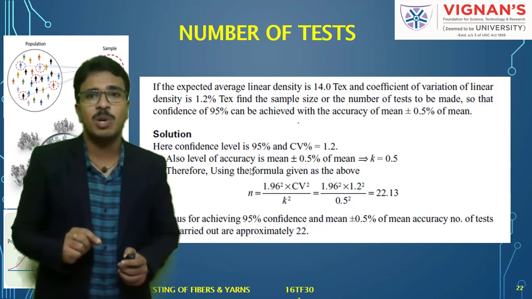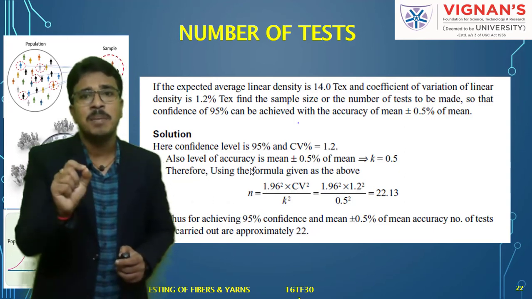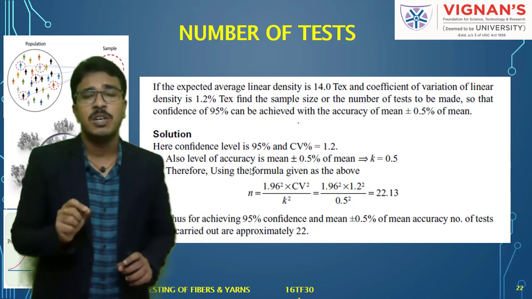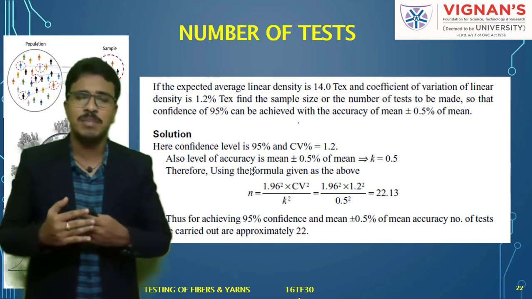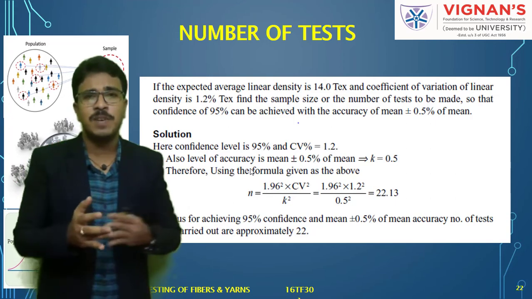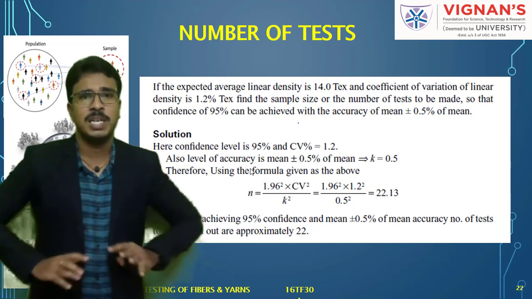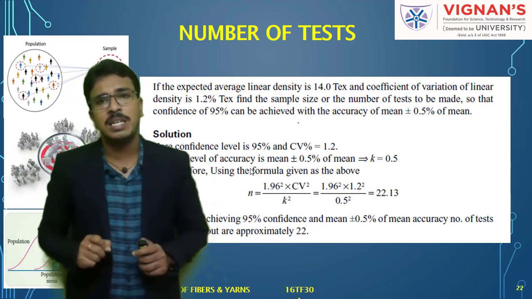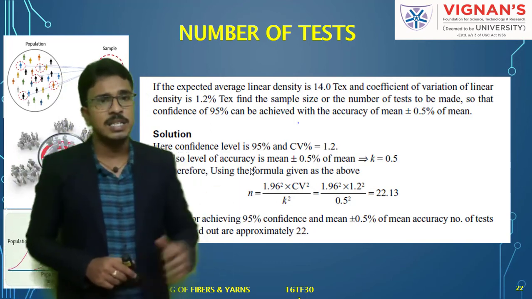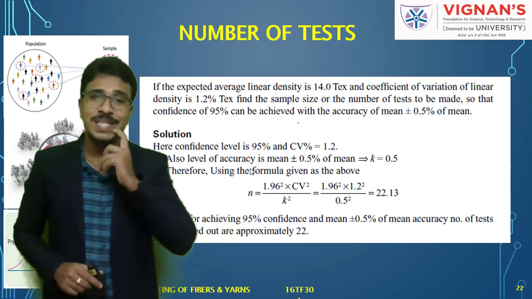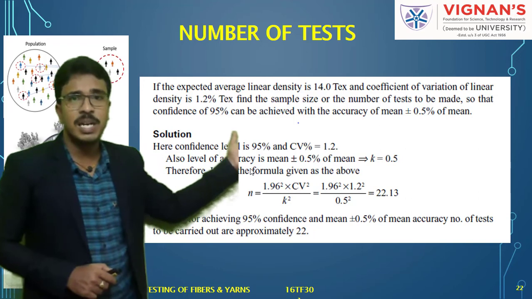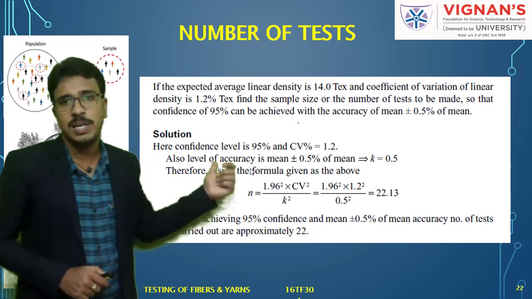And the level of accuracy you are expecting is plus or minus 0.5 percentage of mean, that is, you are allowing a certain plus or minus percentage around 14 tex. We take that as k, which is 0.5. So we have a formula, which we also discussed in the previous class: n is equal to 1.96 squared into CV squared divided by k squared.